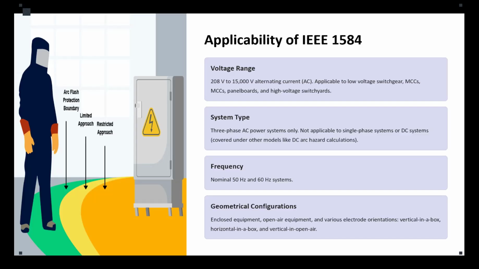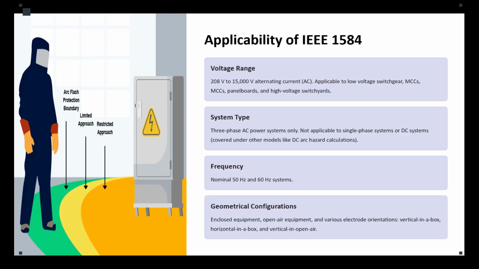Now, frequency is also another aspect that defines the scope of this standard. This model assumes that our nominal frequency, the fundamental frequency in our system, is either 50 hertz or 60 hertz, which covers the vast majority of commercial and industrial power systems.